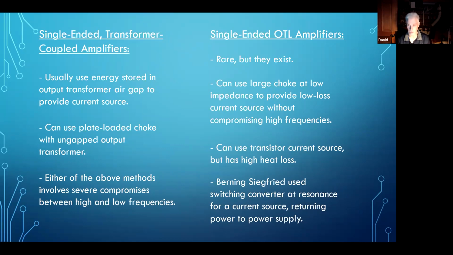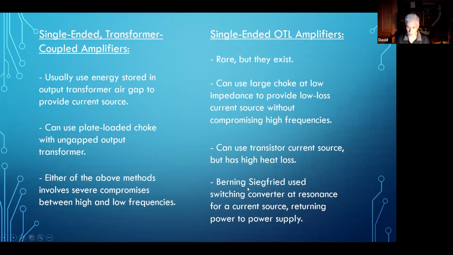Because the current source is high impedance and the tube is low impedance, the tube is going to dominate the entire waveform. So it really does meet the criteria of a single-ended amplifier, having one tube control the entire waveform rather than half of the waveform controlled by one tube and half by another.